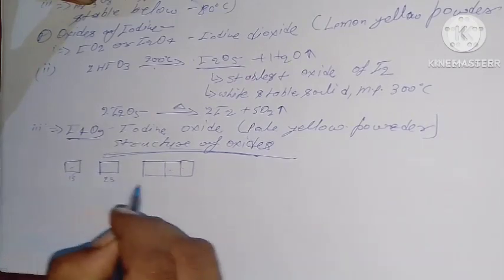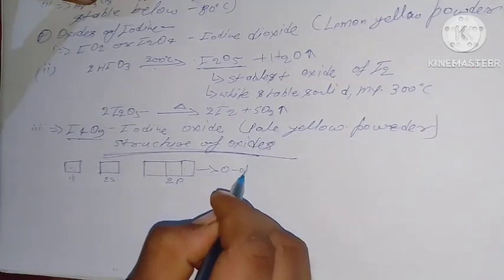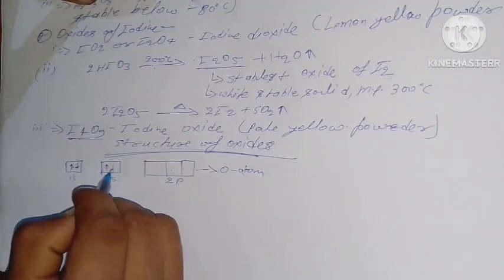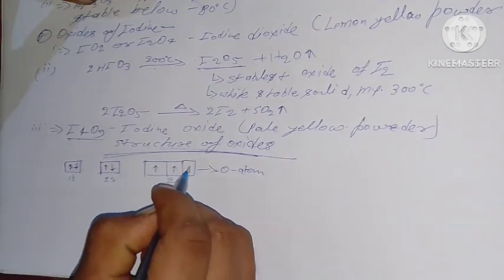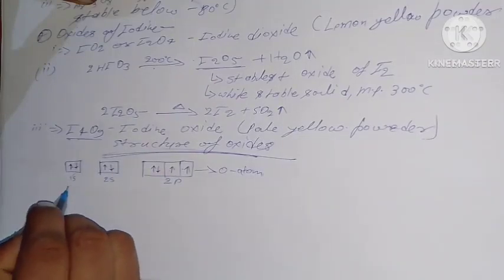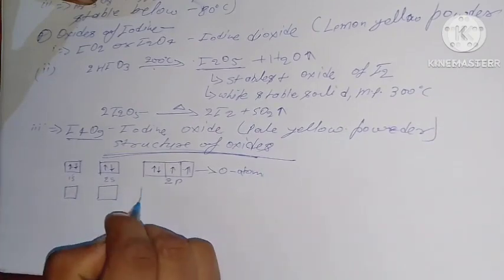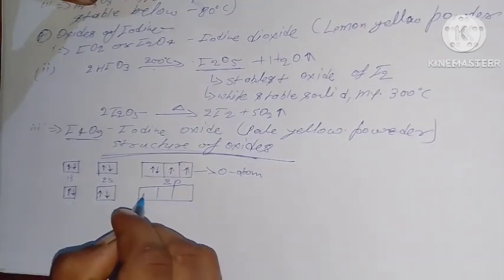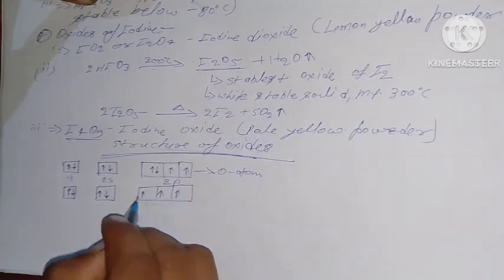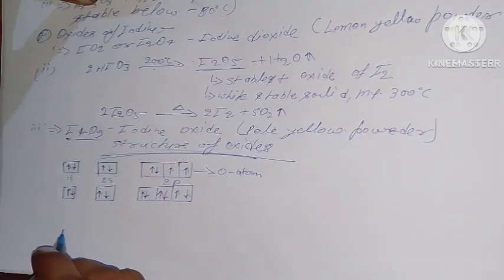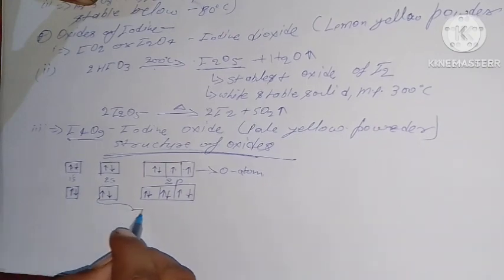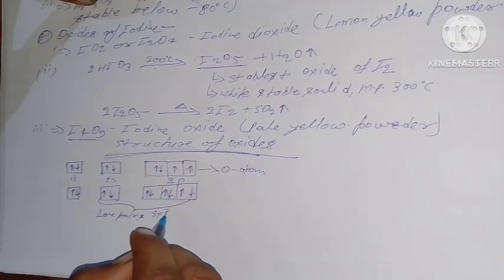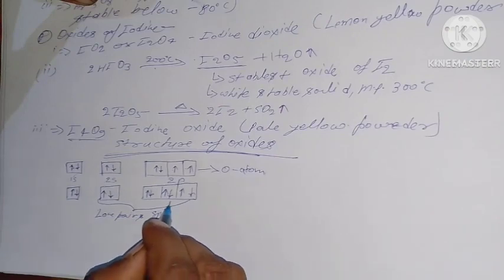1s, 2s, 2p, oxygen atom. That is lone pairs. sp3 hybridization, bond pairs.